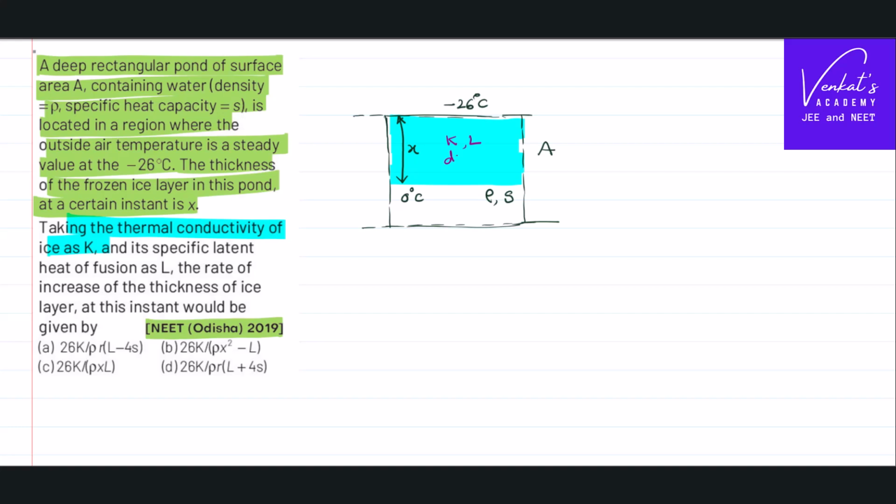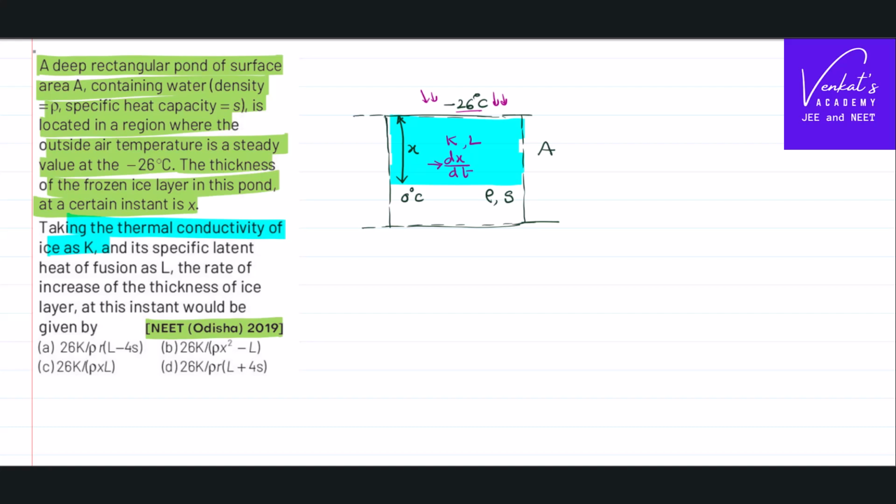So with respect to time, by how much the ice layer will be formed, dx by dt, is what the question asks. Because the outside temperature is very cold, minus 26, ice will keep on forming. This surface will keep on freezing. He is asking how much it freezes per second. dx by dt is that much.